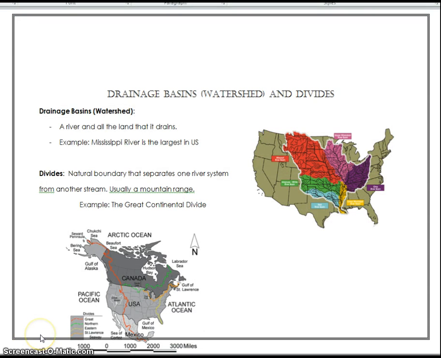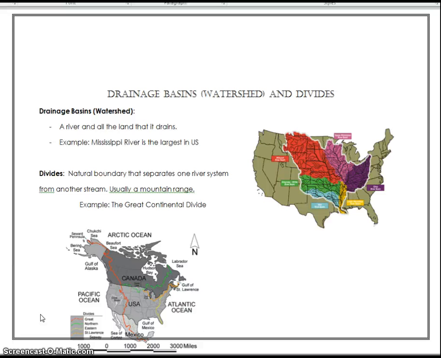So last but not least, here are the drainage basins and divides. Today we're going to be doing a lab activity that will help us more with this, but really all this is: the Mississippi is the largest watershed, or has the largest drainage basin, meaning the river itself and all of its tributaries.